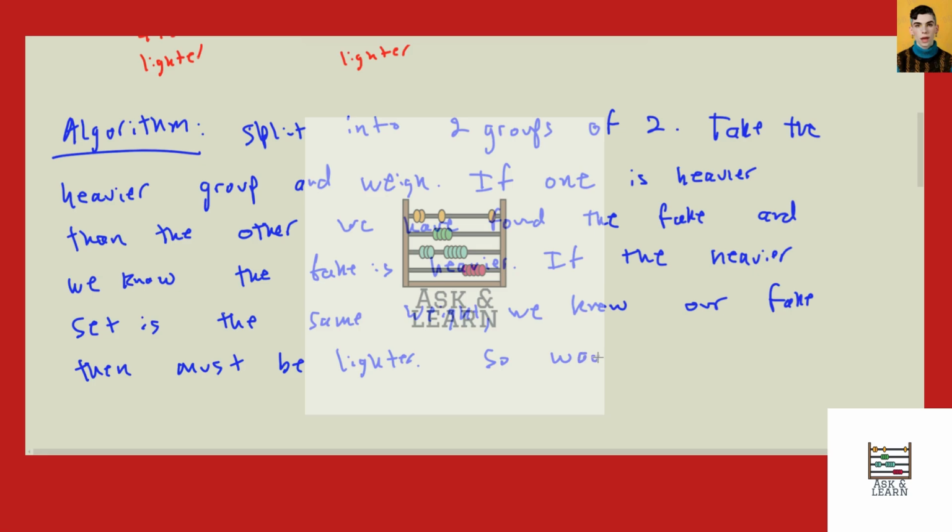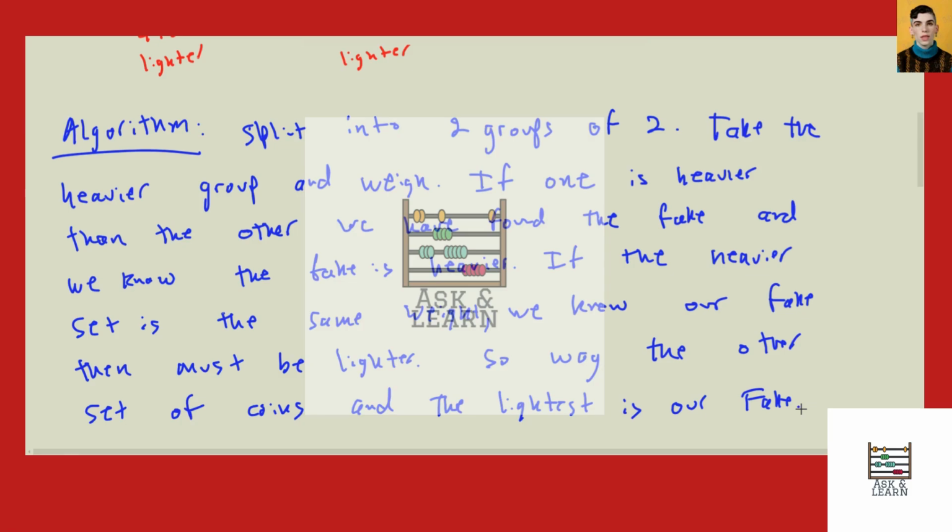So weigh the other set of coins, and the lightest is our fake. So this would be the algorithm to ensure that we always find it within 3 steps. So if our fake is heavier, we find it in 2. If it's lighter, we find it in 3.